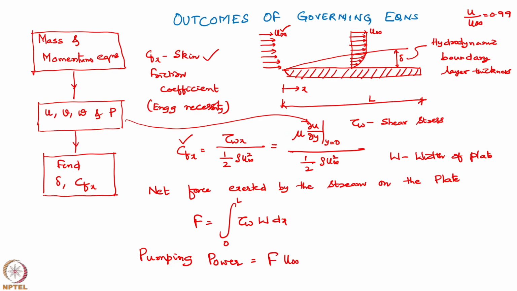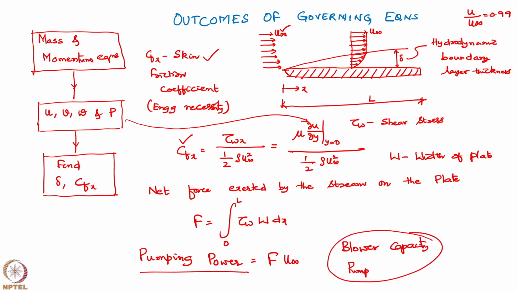This gives you the blower capacity or the pump capacity to be utilized. It is this engineering necessity to find the pumping power that makes us solve the mass and momentum equations to get the velocity distributions. That is the outcome of these governing equations.